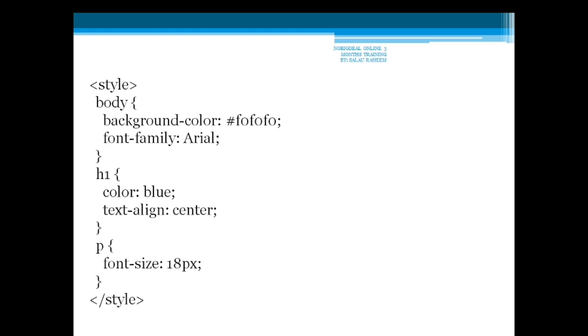External CSS is whereby you create a different text editor file in another page. You save it as style, then you link them together. So this particular style is styling our body, and it's changing the font to Arial.